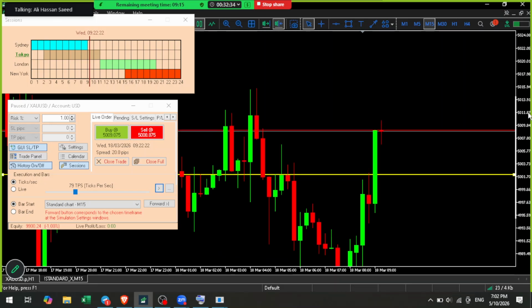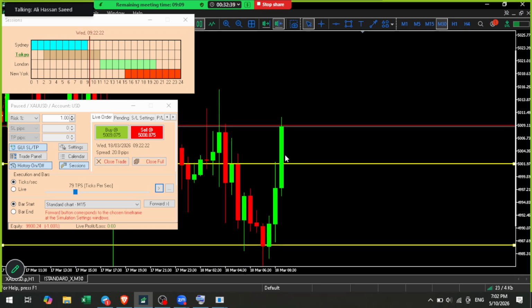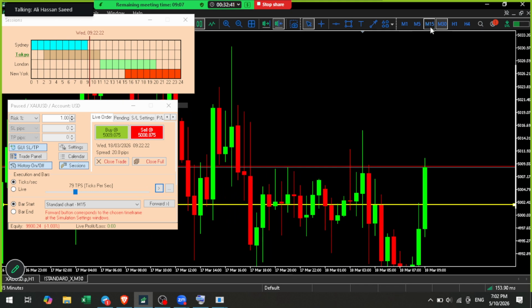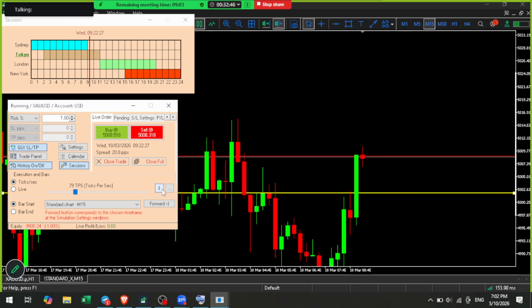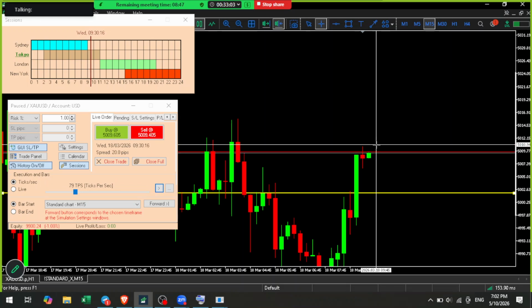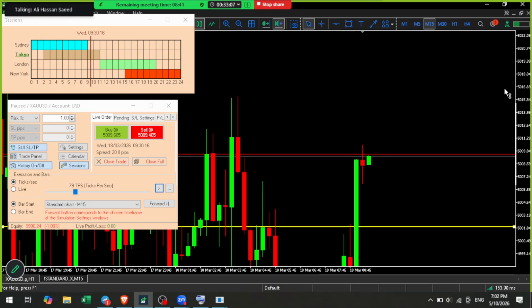So if this candle 30 minutes just moved too much, we don't have any expectations from this. It needs to close for us to take any kind of trade. Okay, we can take a buy till here, but we don't have.